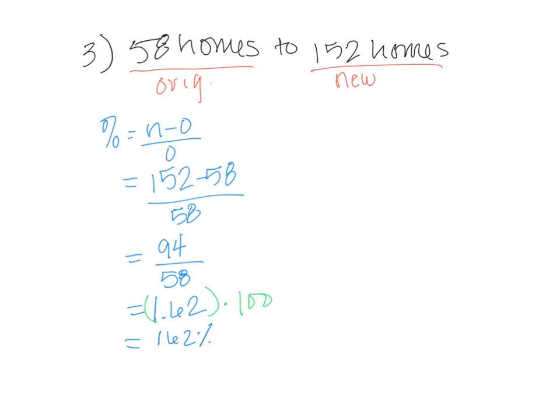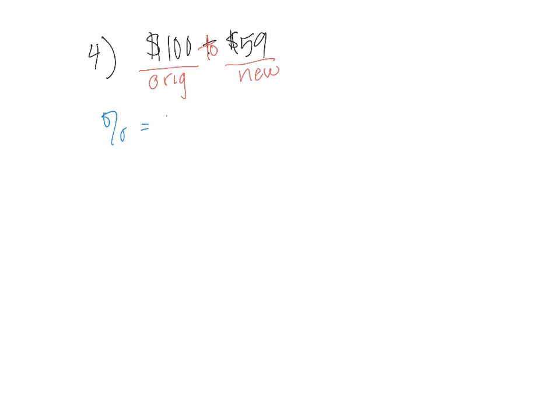And now I'm looking at problem number 4, which said $100 to $59. So if this is where we started, this is our original, which makes this our new number. So it's getting less, which means I'm probably going to have a negative. So I have percent equals new minus original divided by original.